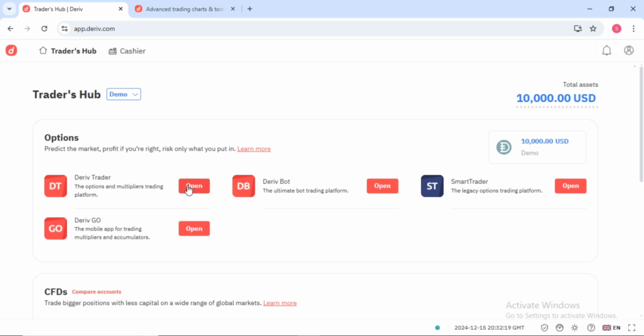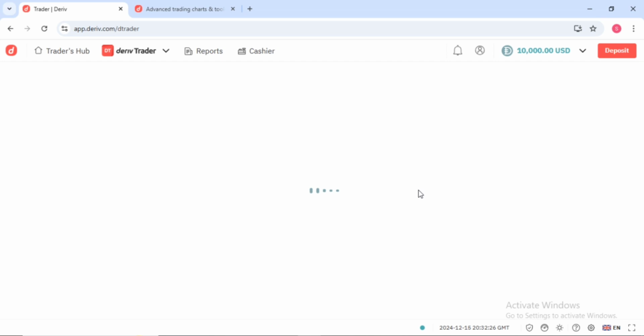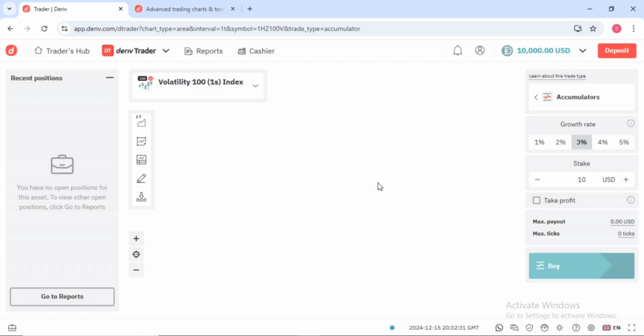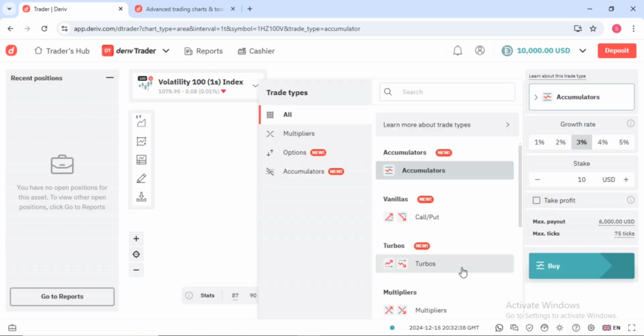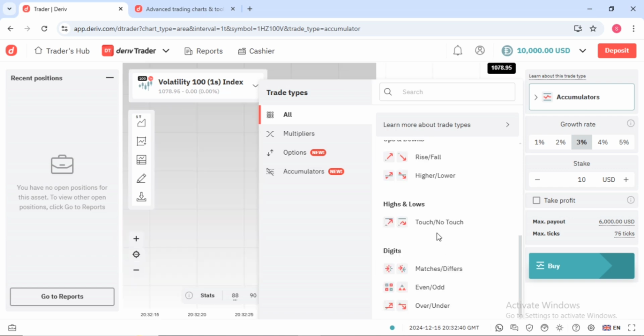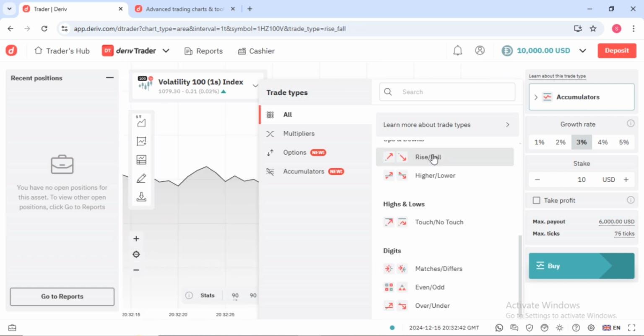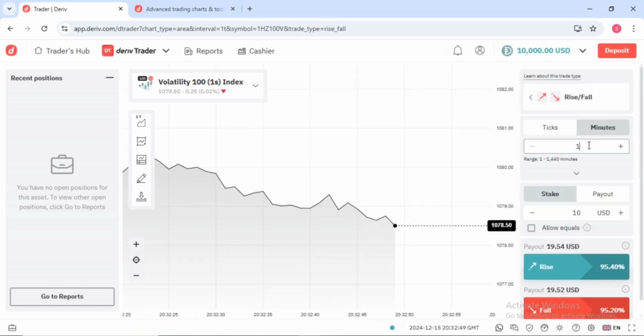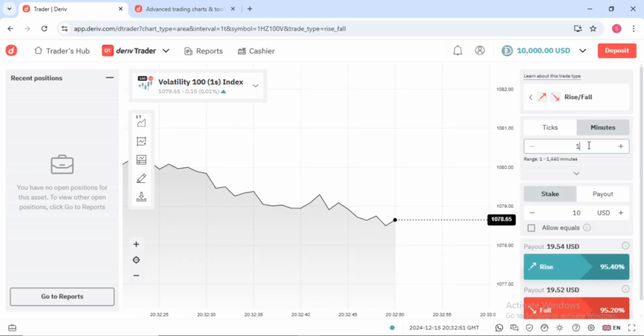So if it's manual trending, you come to the trade type, and then click on accumulators, scroll down to rise and fall. So you can choose the time frame here.